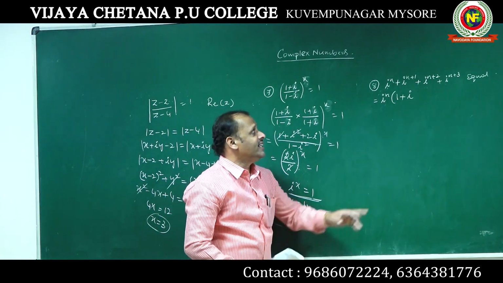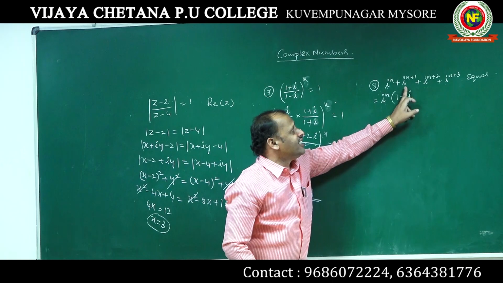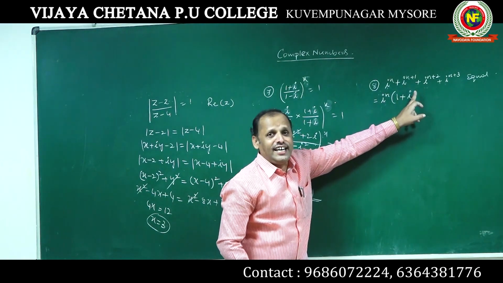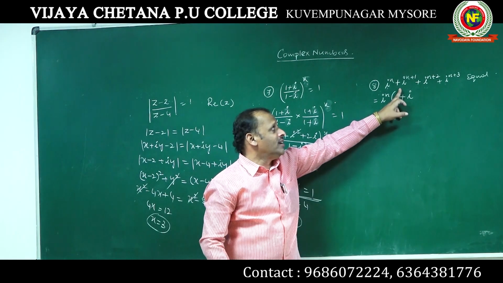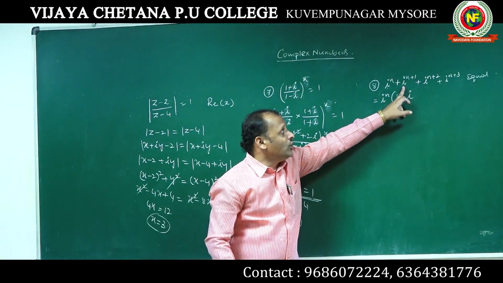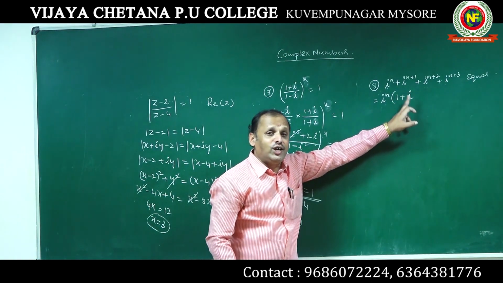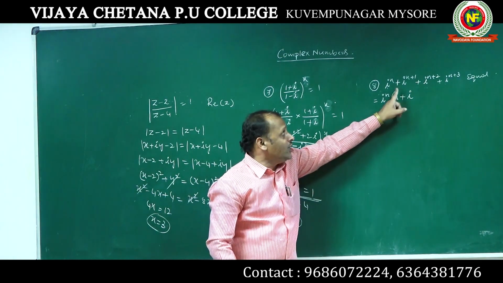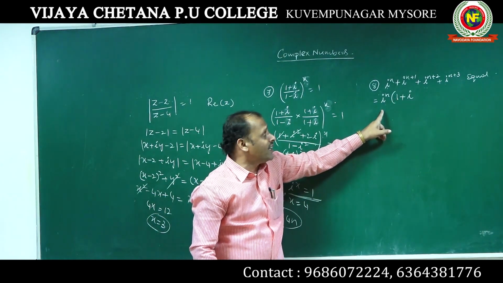How to get that i? Here i to the power n plus 1 is there. We can write it as i to the power n into i. If the base is the same, the powers should be added. i to the power n plus 1 will become i to the power n into i.